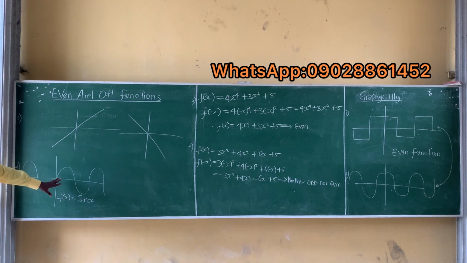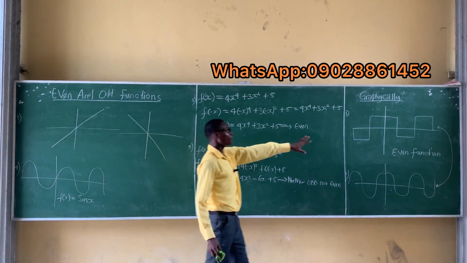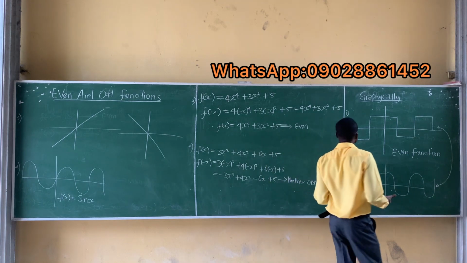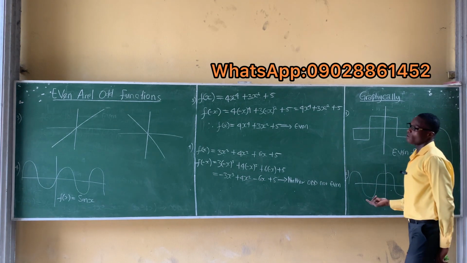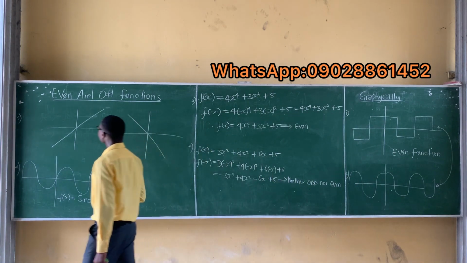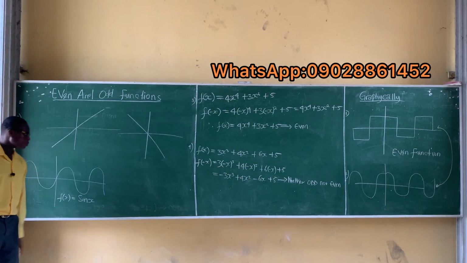So any function of this form is odd, and any function of this form is even. In case you are asked to find a Fourier series, and perhaps you plot the graph and have something like this, there are some coefficients you don't need to find, but just take note of these even and odd functions graphically, because it's not all the time that the algebraic method will work for you.